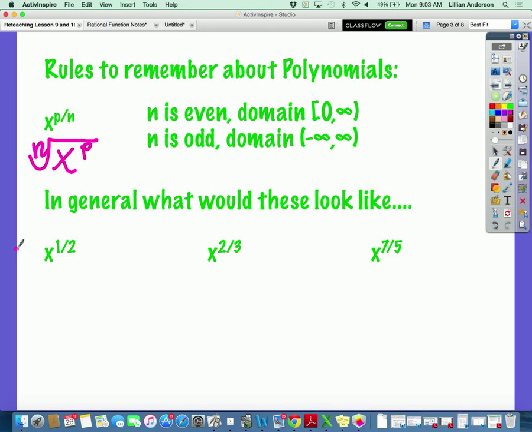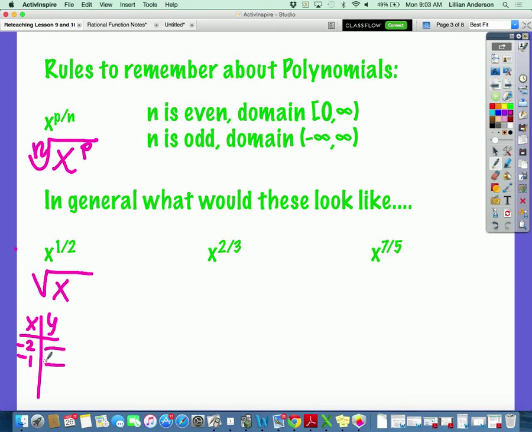Here, how else could I rewrite x to the 1/2? Square root of x, because think about a 2 in here, that is what a square root represents, okay? And so if I wanted to make a quick table and plug in some values, if I plug in -2 or -1, can I take the square root of a negative number? No, you can't.